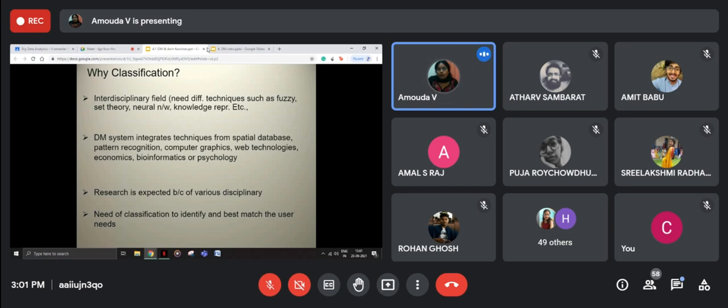Everything put together, you choose the algorithm for which task. Slowly, we are going to see only one algorithm because all algorithms cannot be taught in the class. But the project students will slowly pick up and select the algorithm required for the data mining process. Data mining systems integrate techniques from spatial databases, pattern recognition, computer graphics, web technology, all databases. And research is expected because of various reasons.